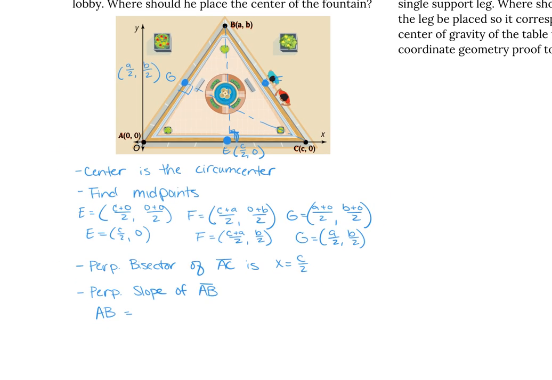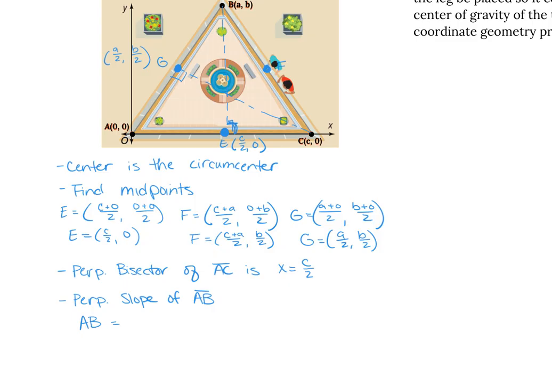So AB, okay, so my slope for AB is B over A. The perpendicular slope then is the negative reciprocal.